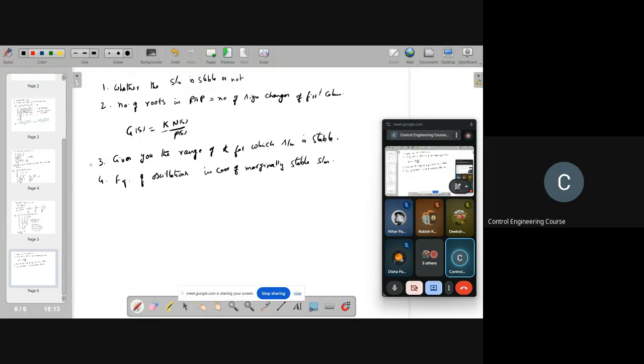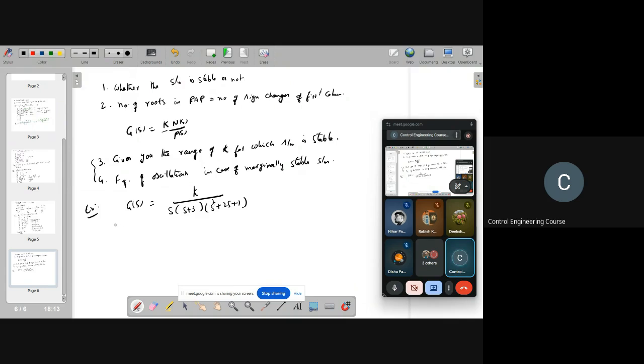So how do you do these two things? Let us take one open loop transfer function with unity feedback. G of S is equal to K by S into S plus 3 into S square plus 2S plus 1.